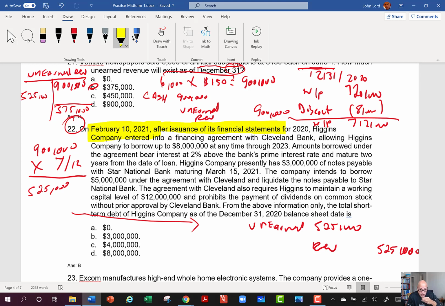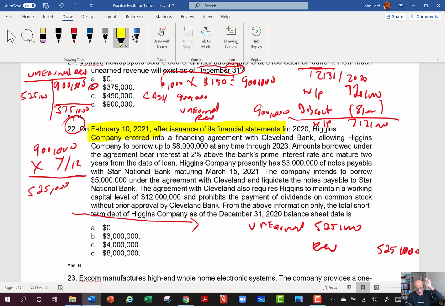So at the end of the year, those were current liabilities, right? And so far, I haven't seen anything in this question about any action they took, either by the balance sheet date or before the issuance of the financial statements. I see no actions that are going to allow them to carry that as non-current. The company intends to borrow $5 million under the agreement with Cleveland to liquidate the note payable to Star National Bank.